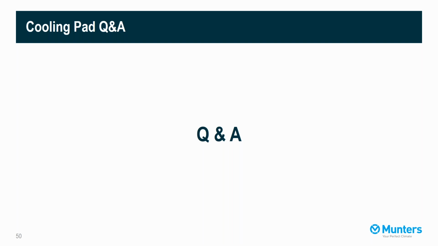We would recommend some type of a cover. But the best method for helping reduce the algae, as Dave mentioned, is to turn the cooling system off and allow the pads to dry. So yes, we would be good with the air moving through a dry pad.